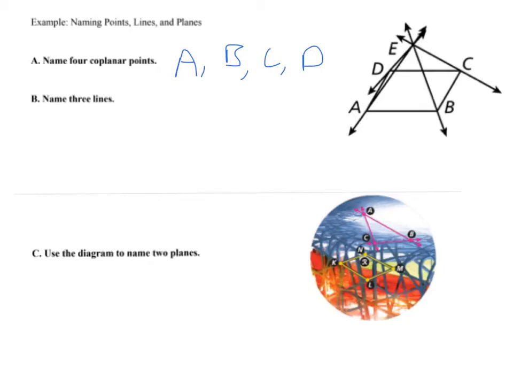Then the next question just says, name 3 lines. Well, really you can name any combination of 2 points because, again, like I was saying, when we have any 2 points, you can draw a straight line through it.